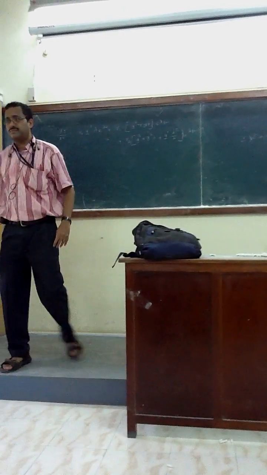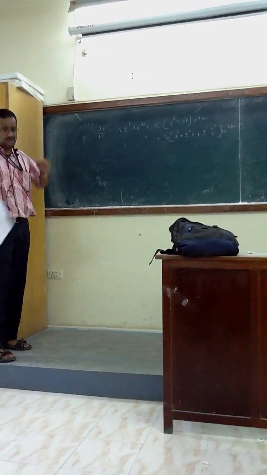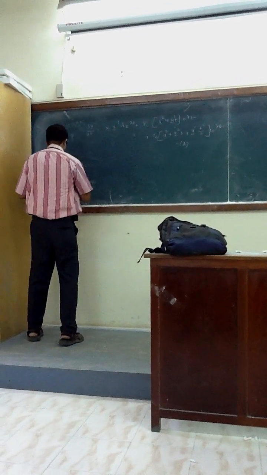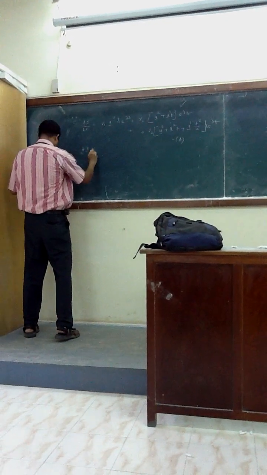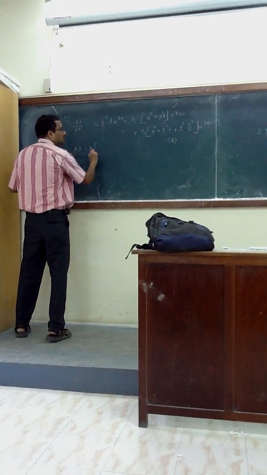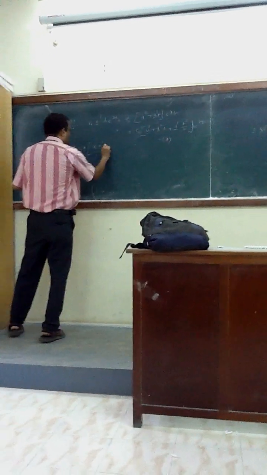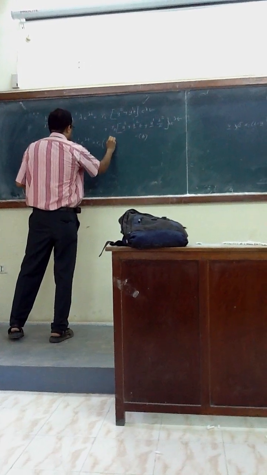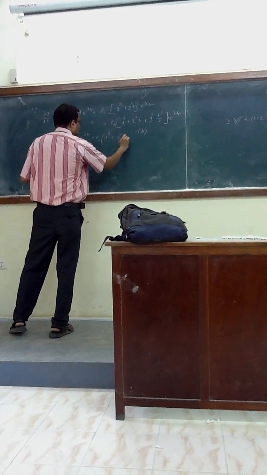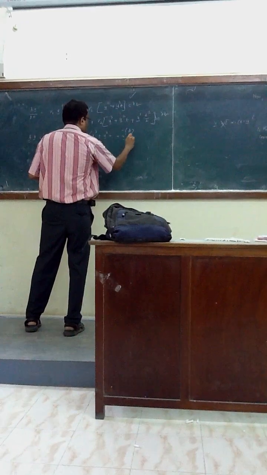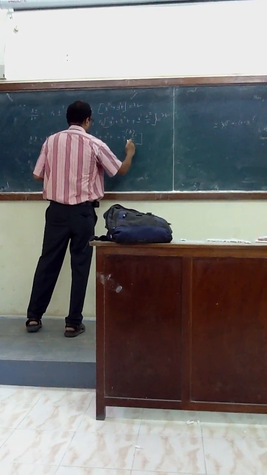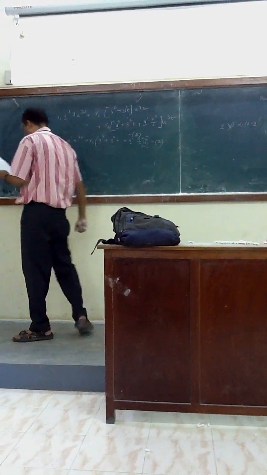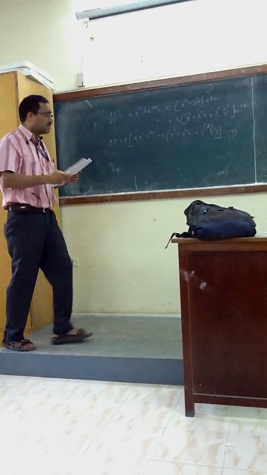This part is clear, so this is equation A. Equation B will be Ax, which is A into the whole solution: gamma 1 u1 e to the power lambda t plus gamma 2 (u3 plus u2 t plus u1 t square by 2) e to the power lambda t. Equation B.